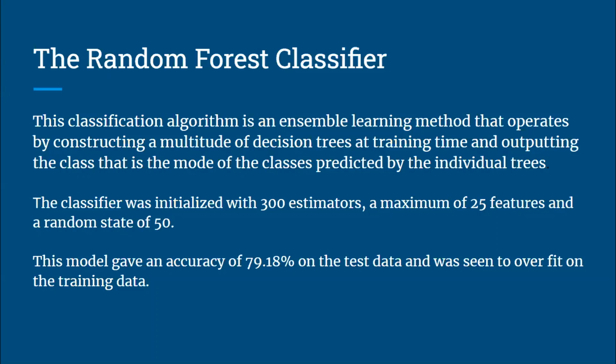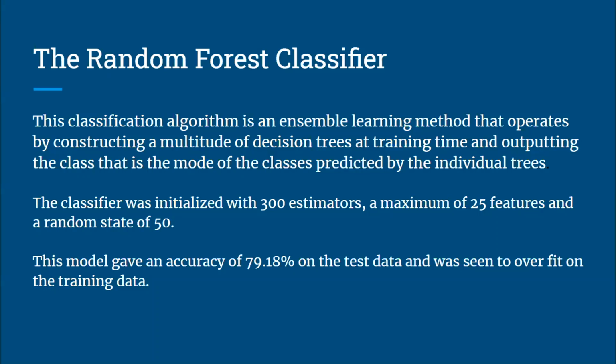So it was initialized with 300 estimators, that is 300 decision trees, a maximum of 25 features, and a random state of 50. We arrived at these figures after tuning the hyperparameters to get a maximum accuracy on our test data.